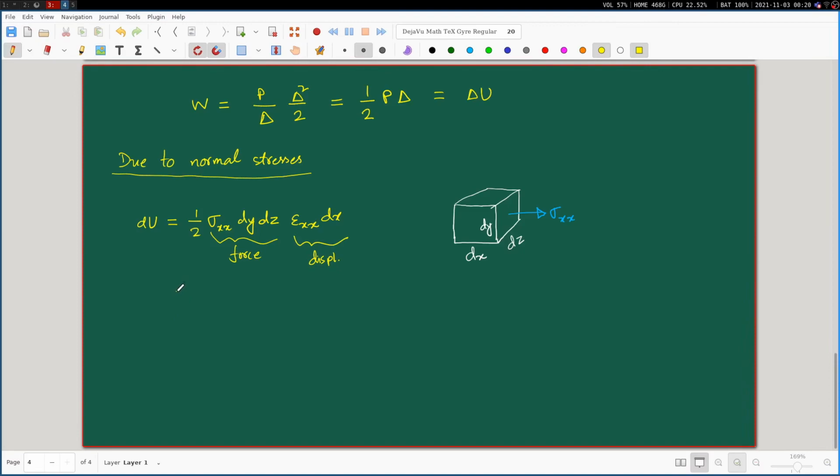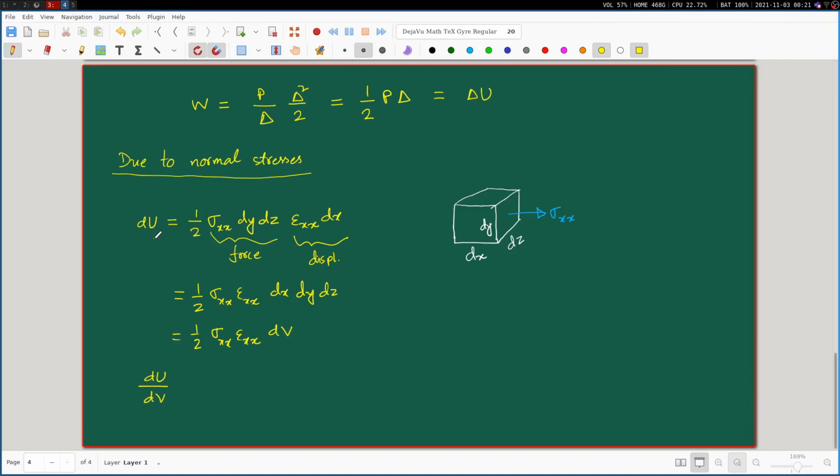Now you can easily see that this is simply half of sigma xx times epsilon xx, then dx, dy and dz. So dx, dy, dz is nothing but the infinitesimal volume dV that we can directly write, which means that we can slightly rearrange this.